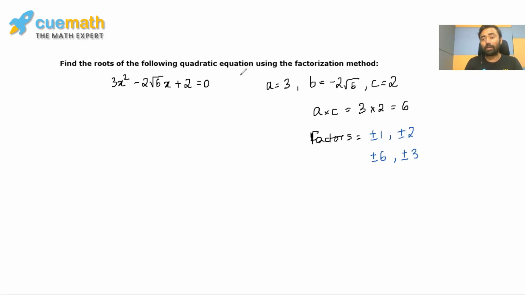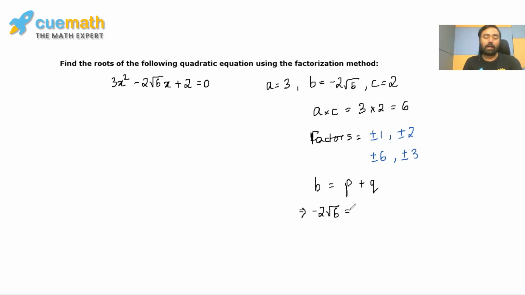Now, this is where we'll have to be a bit smart and we'll have to think about this. So basically, we know that B is formed by a sum of two terms. And so basically, the two terms, let us consider, are P plus Q. Now, if B is -2 square root of 6, so basically B is nothing but an irrational number.